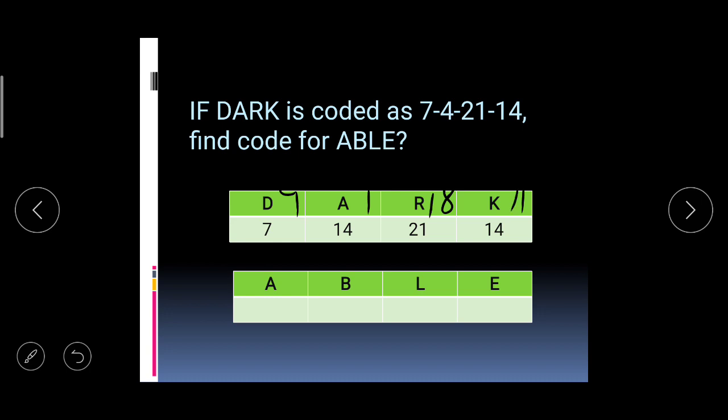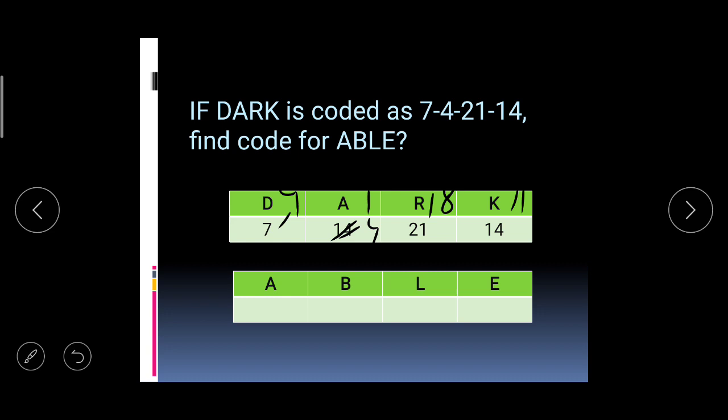Okay, let's see. 4 is converted into 7, A is 1 and is converted into 4, 18 is converted to 21 and 11 is converted to 14.